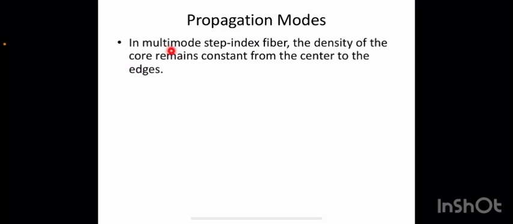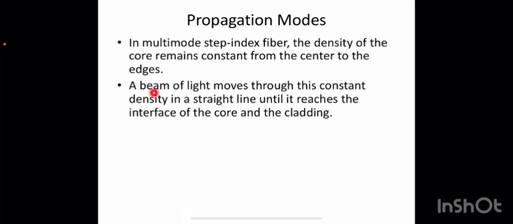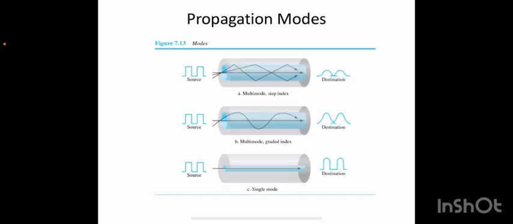In multi-mode step index fiber, the density of the core remains constant from center to edges, throughout the entire inner core. A beam of light moves through this constant density in a straight line until it reaches the interface of the core and cladding. We have seen the property of light: for each ray, the corresponding reflection happens.